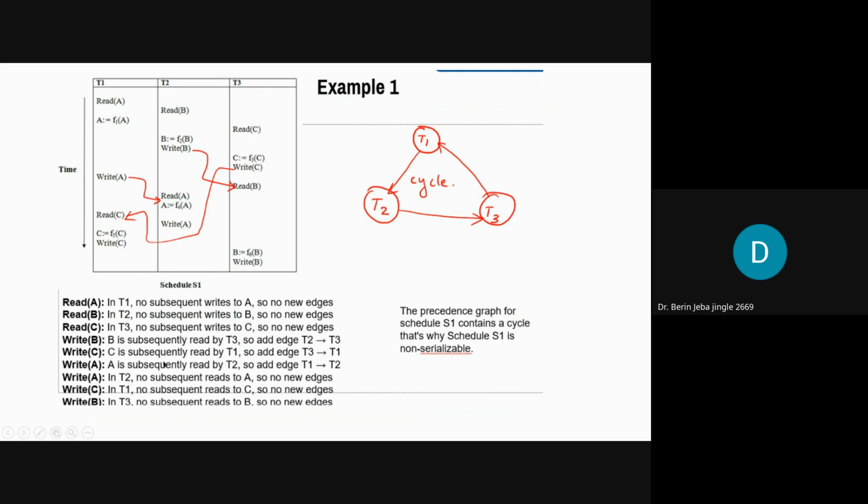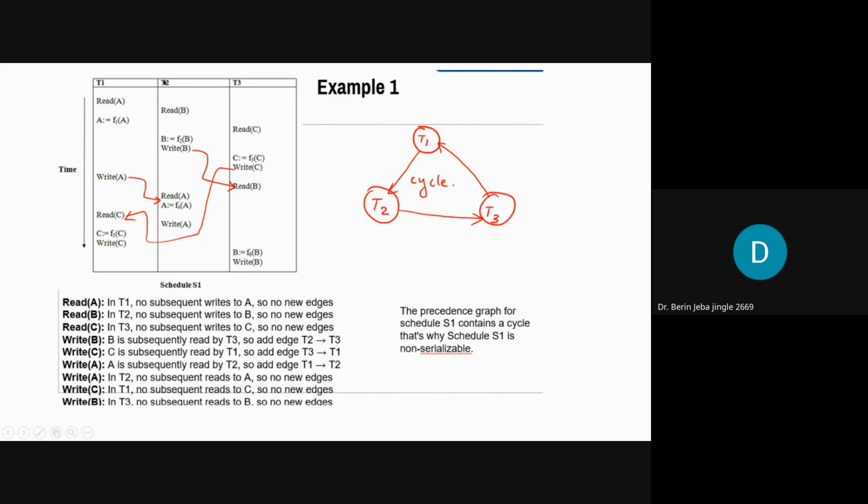So the C variable is subsequently read by T1. So we must add an edge here: T1 depends on T3.